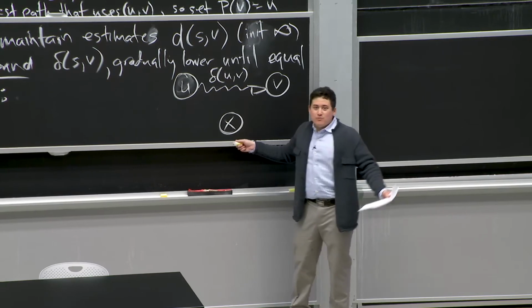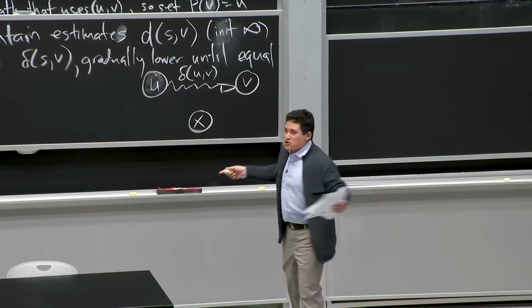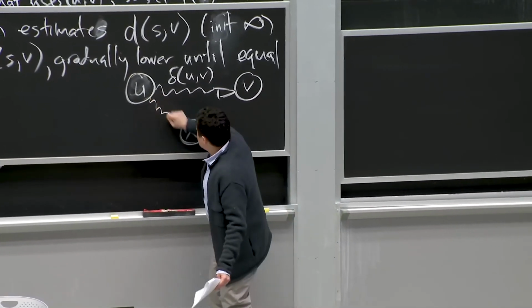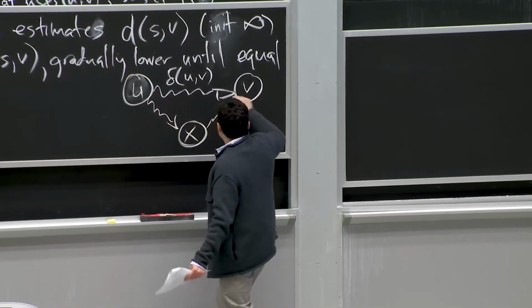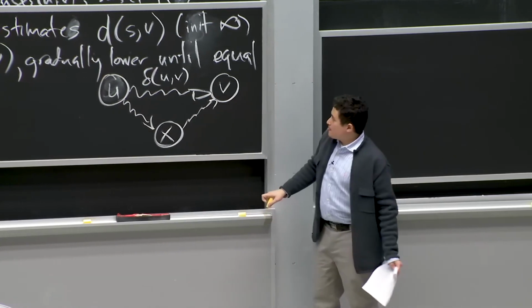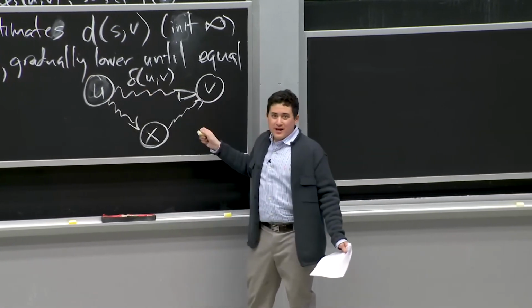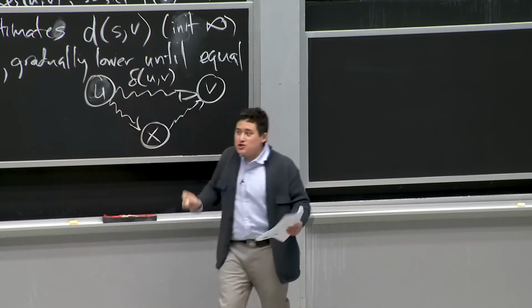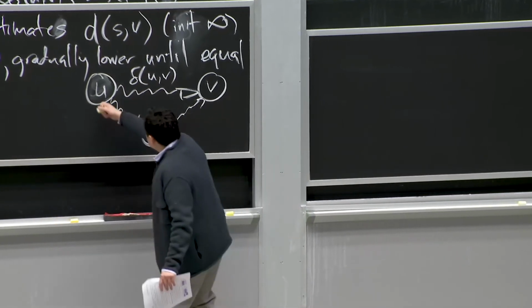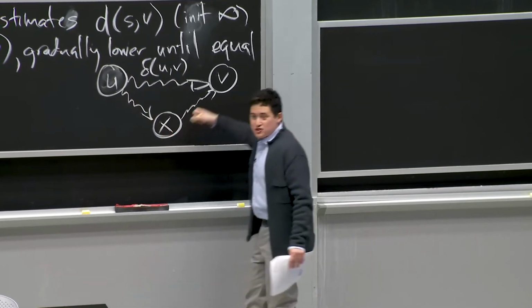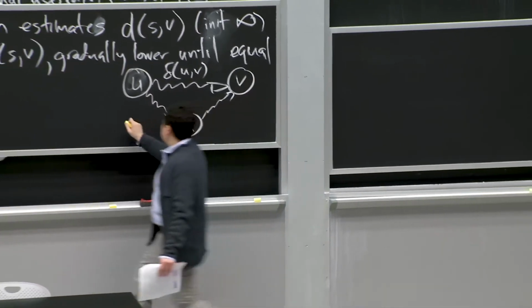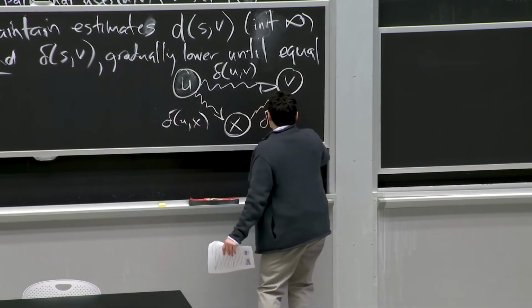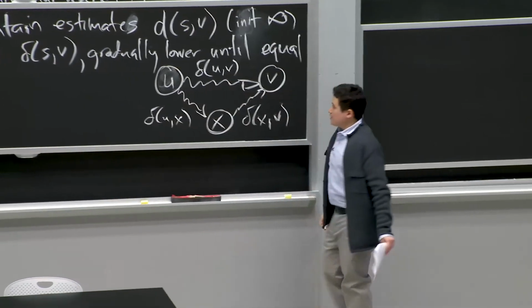Of my paths, I'm now restricting to the ones that go through x, taking the shortest path distance from u to x and adding it to the shortest path distance from x to v: delta u x plus delta x v.